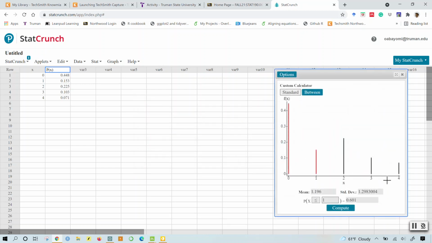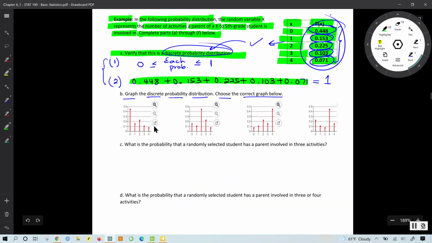And there you are. So you can see that for 0, you have this, for 1, for 2, for 3, and for 4. I'm also provided the mean and the standard deviation of this random variable. We will get to that in a little bit. In particular, I can see that this looks approximately right skewed. At this point, I will go back to my workbook and look at the options I have.